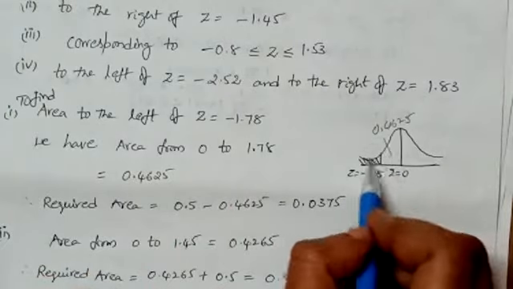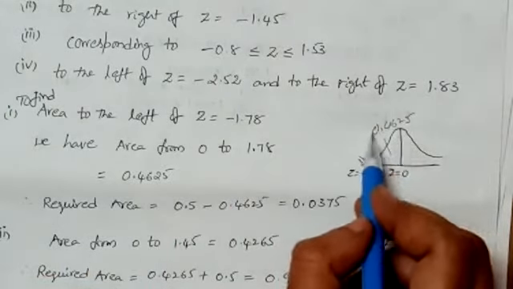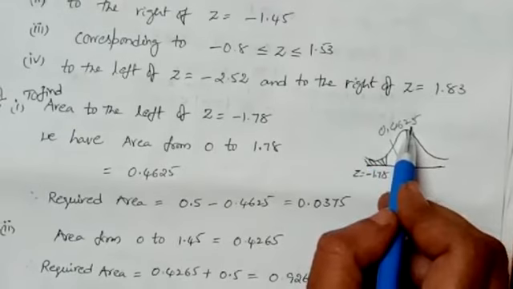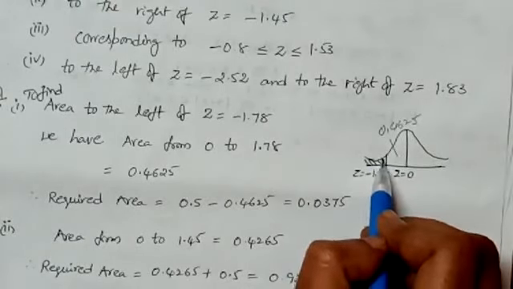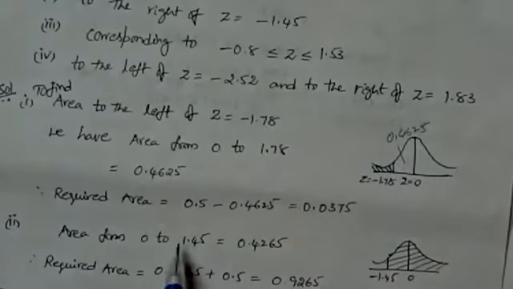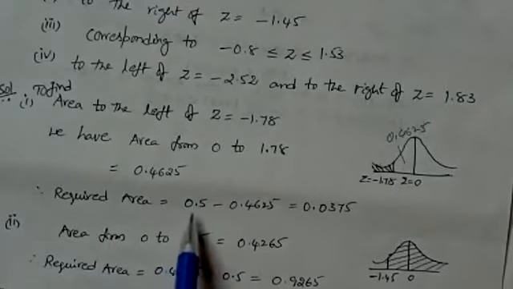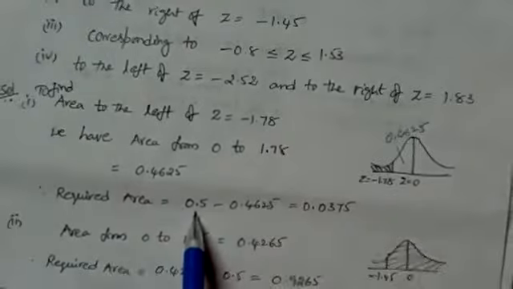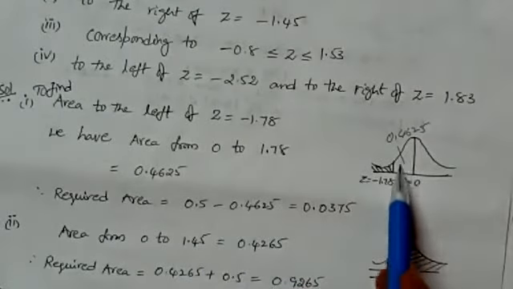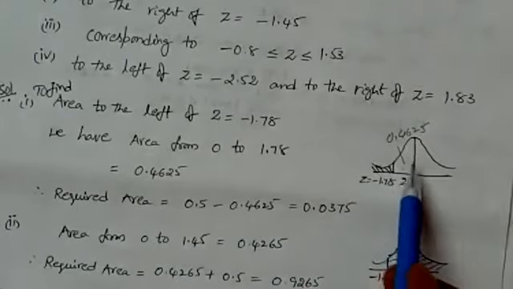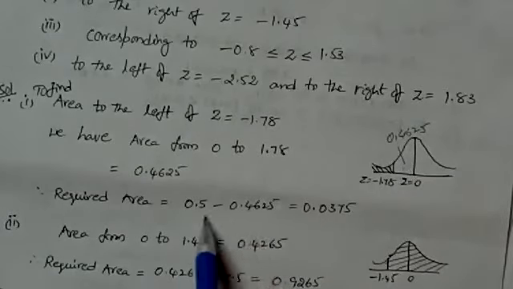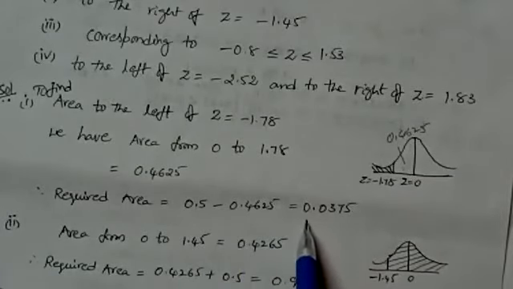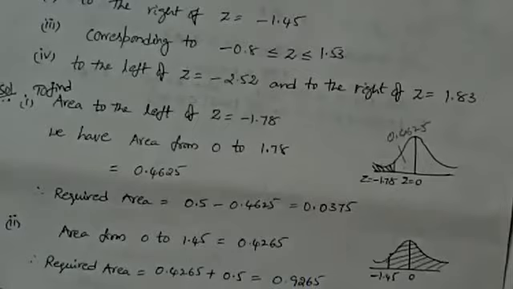So from that 0.5 area you subtract this area, and you get this shaded part area. So what should be taken as the required area? The half part area, this is 0.5, and this unshaded part area to the left of that symmetrical line should be subtracted, and you will get the required area as 0.0375.